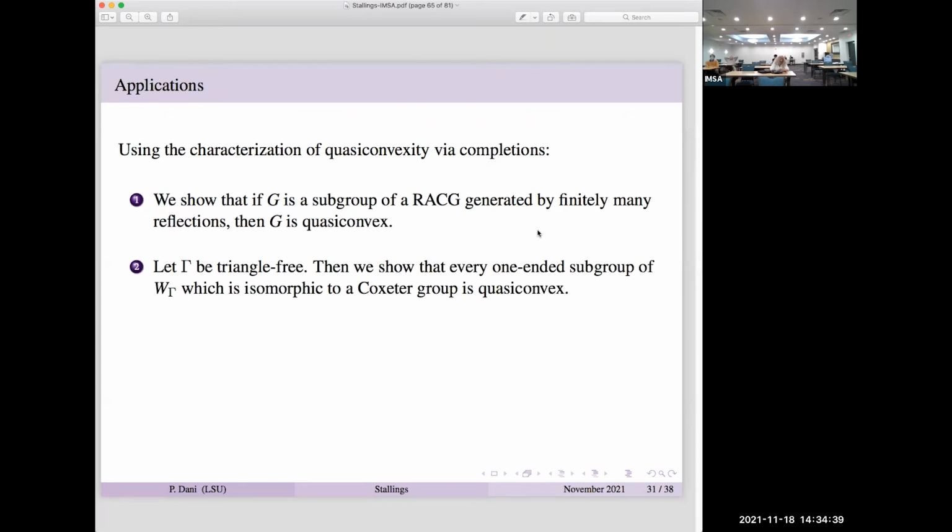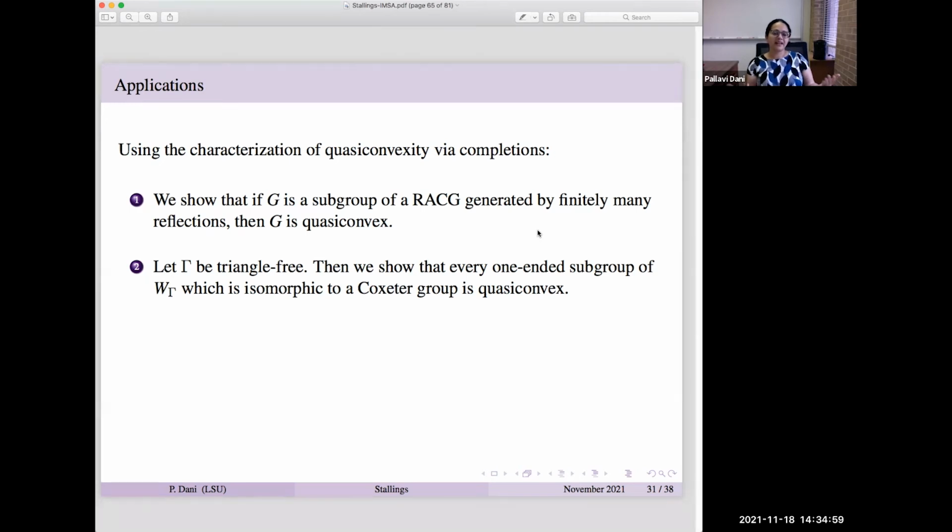And as an application of that, we show that in certain settings, when gamma is triangle free, which corresponds to the cube complex associated with it being two-dimensional, we can show that every one-ended subgroup which is isomorphic to some Coxeter group is quasi-convex.